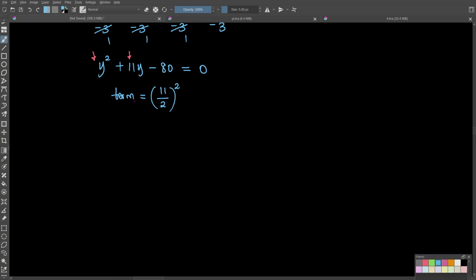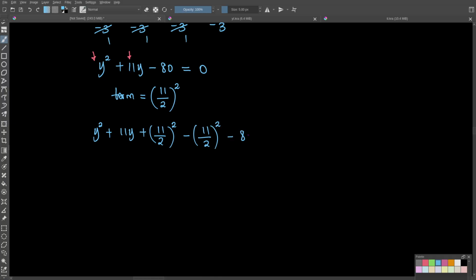Okay, so now we have y squared plus the 11y, and now what we are going to do is we are going to add this term. So we are going to say plus 11 out of 2 squared, then we subtract that same term, minus 11 out of 2 squared, and then now we have the negative 80.